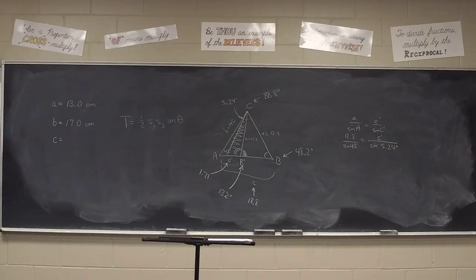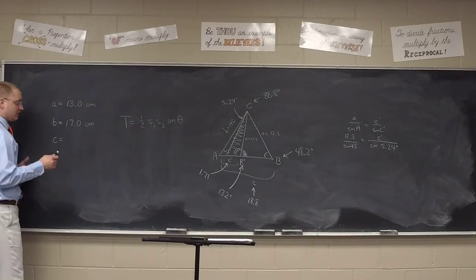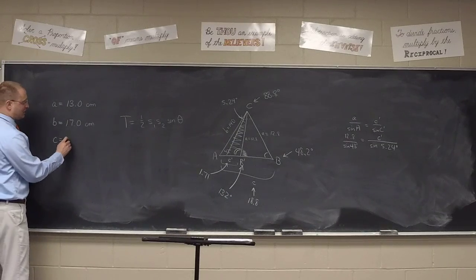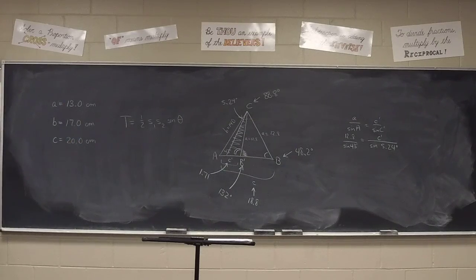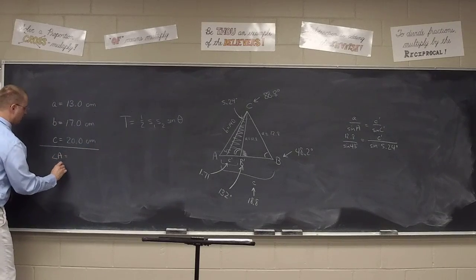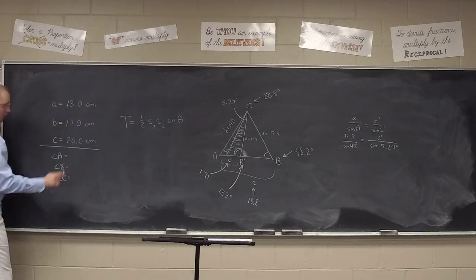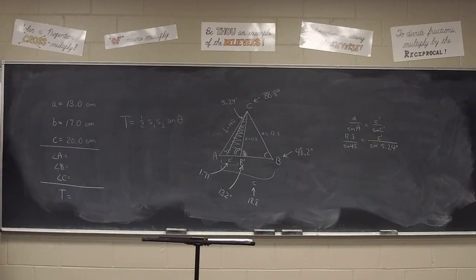Also, I better put something that is bigger than 4, because that would make this the biggest, right? So I got to put something bigger than 4, something smaller than 30, and preferably a nice easy number. Let's just say 20.0 centimeters. All right, at your seats, I want you to find angles A, B, and C using the law of cosines, and also find for me the area of the triangle.